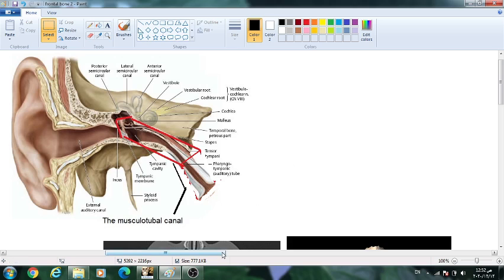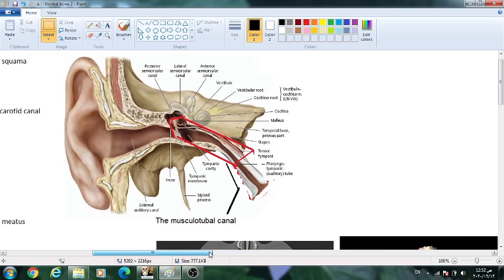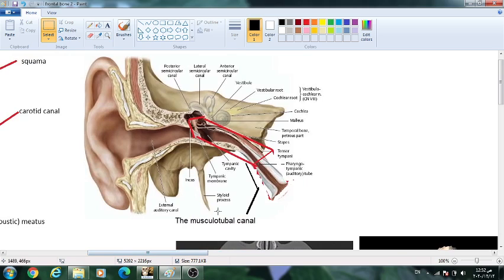Then, for example, let's talk about the development of such a canal. I want to talk about the musculotubal canal. To be exact, I want to talk about the auditory tube.